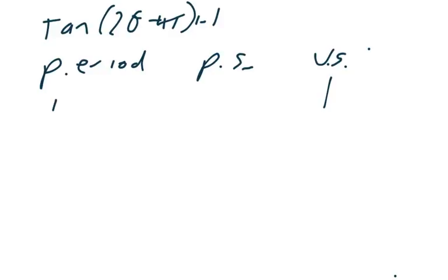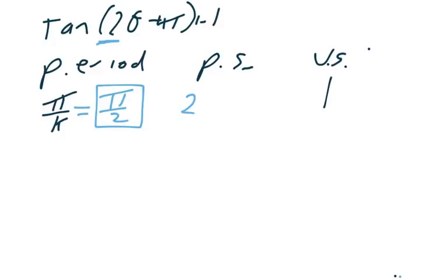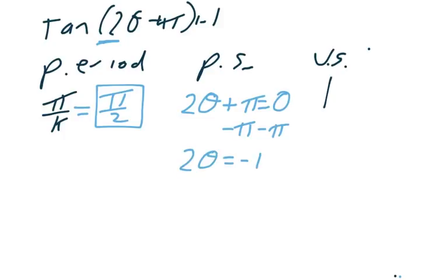The period is pi over k, which in this case k is equal to 2. So we get the answer of pi over 2. The phase shift is whenever you set the inside equal to 0. Subtract pi. 2 theta equals negative pi. Divide by 2. Theta equals negative pi over 2.